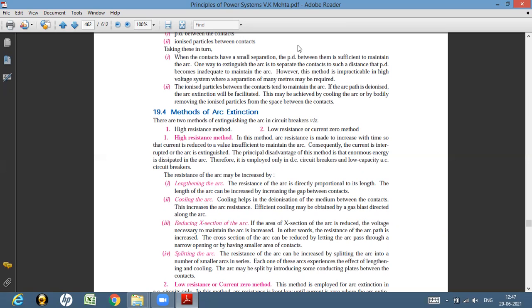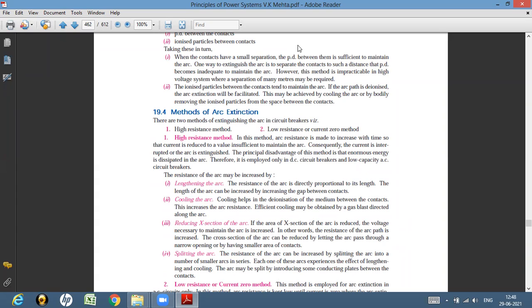Number three is reducing the cross-sectional area, that I had already explained to you, that you can reduce the cross-sectional area of the arc between the moving contact and the fixed contact. Whenever you reduce the cross-sectional area of the arc, ultimately your arc will be extinguished. And number four is splitting of the arc. Splitting, as the name suggests, means you have to split the arc into smaller arcs in series, so that after a certain time these arcs will be extinguished.